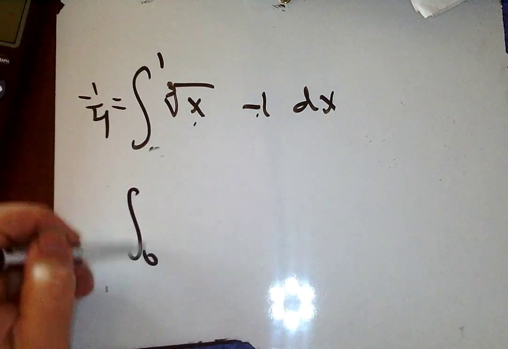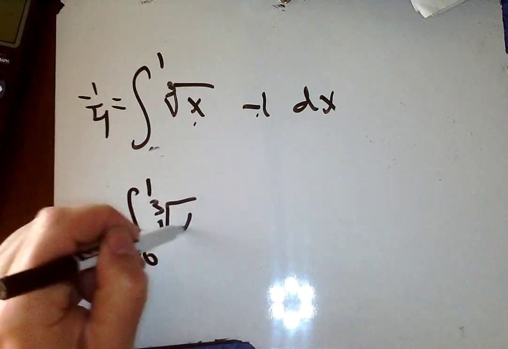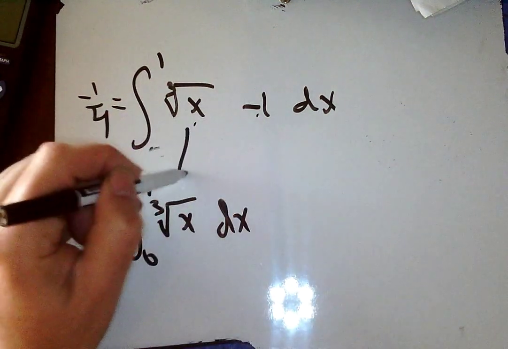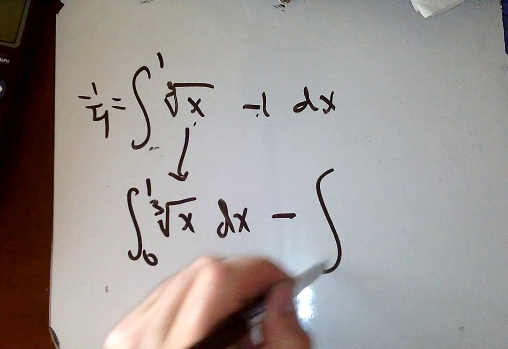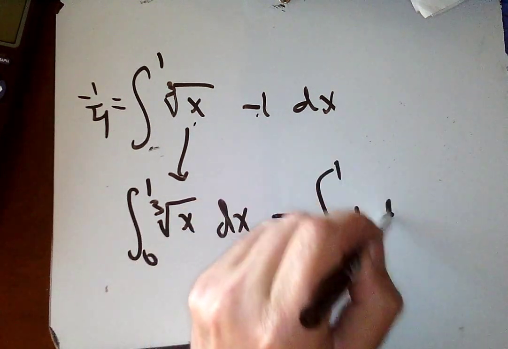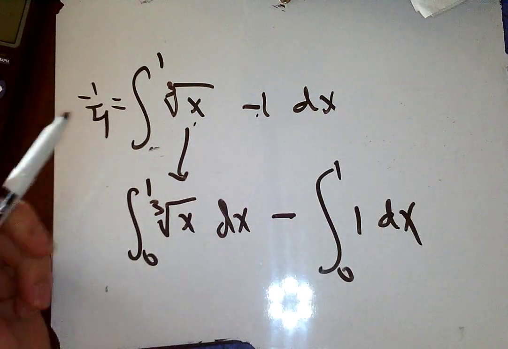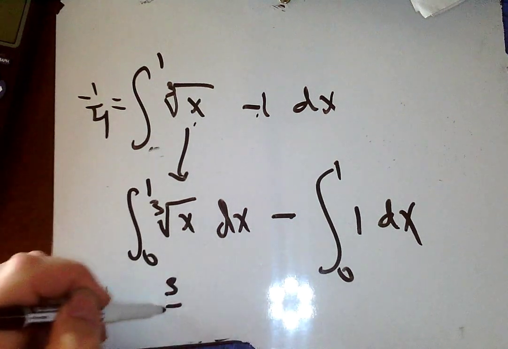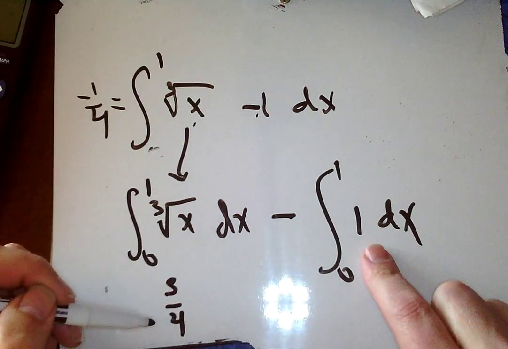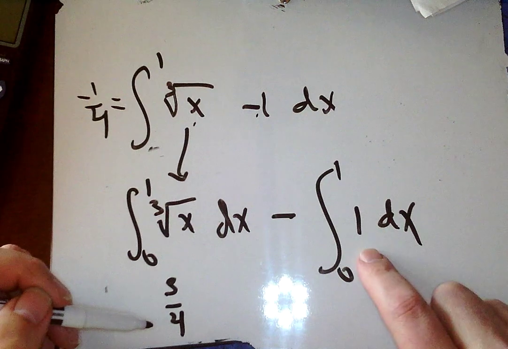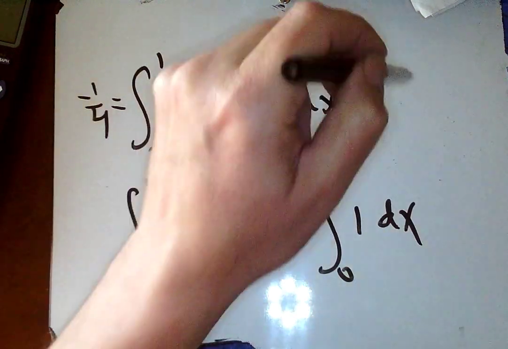Okay? Let's split this up. There's one integral minus another integral. We know this is 3/4 by definition, and we remember from last semester how to do the integral of a constant.